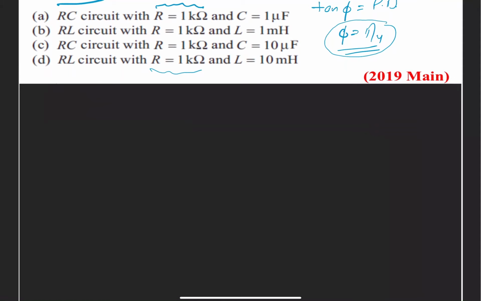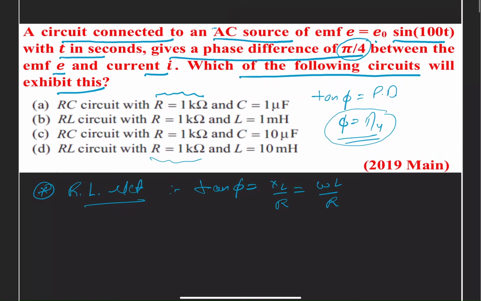So let us start first with our RL circuit. For the RL circuit, the phase difference, that is tangent of phi, is given as XL upon R, and XL is omega L, so we can write this as omega L upon R. We are also given the equation of the EMF, which is E0 sin 100t, so this value of 100 is nothing but the value of omega.